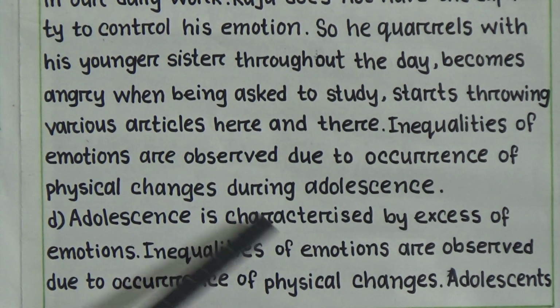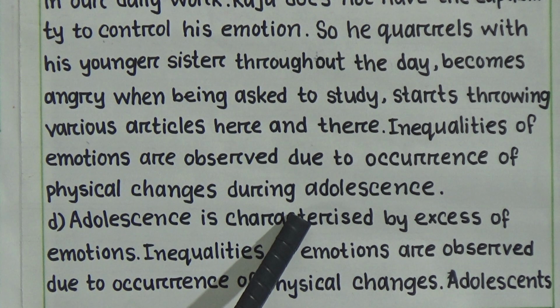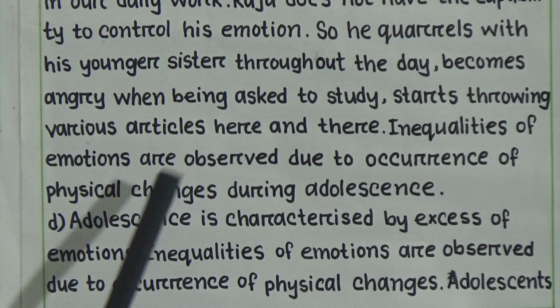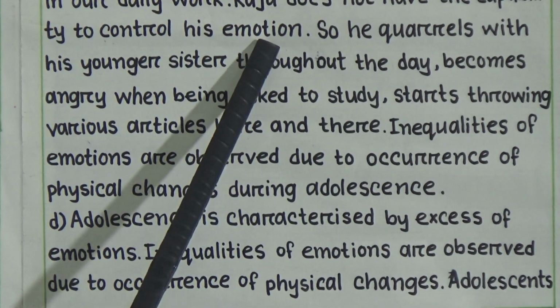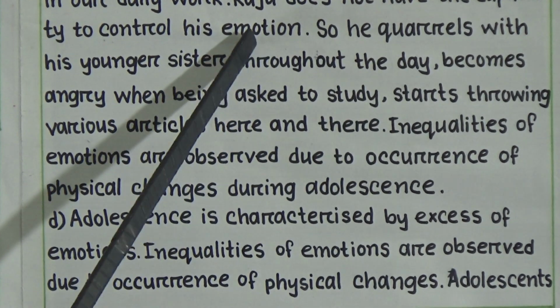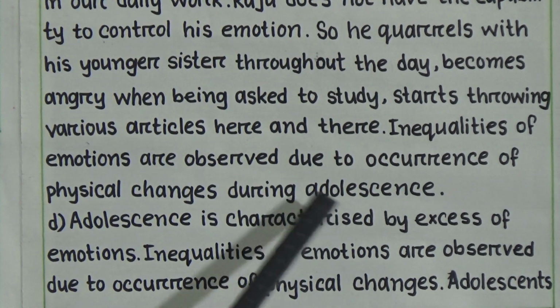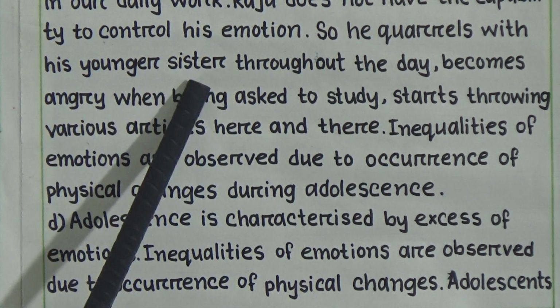So from this we come to know that Raju is going through puberty or adolescence, and at this time he is going through physical changes and emotions. There are two types of emotion, good emotion, that means positive emotion, or negative emotion. Raju goes through the negative emotion. He quarrels with his younger sister.